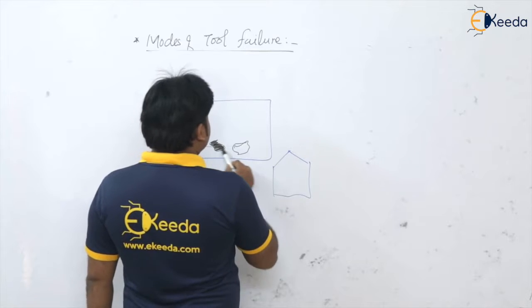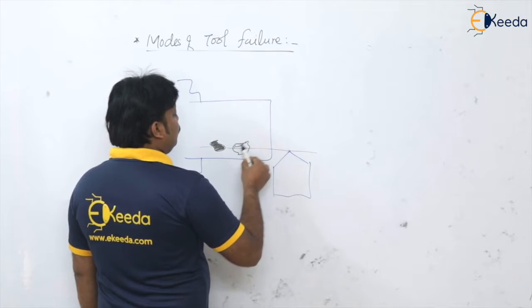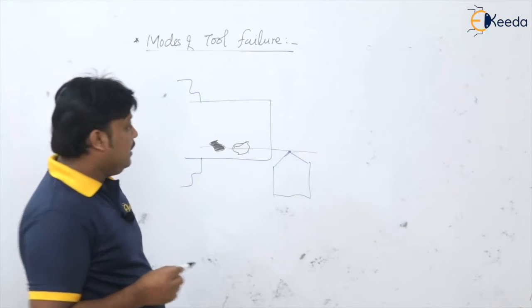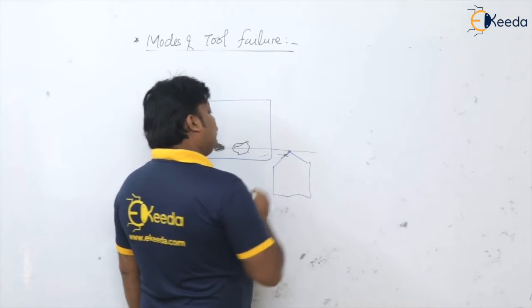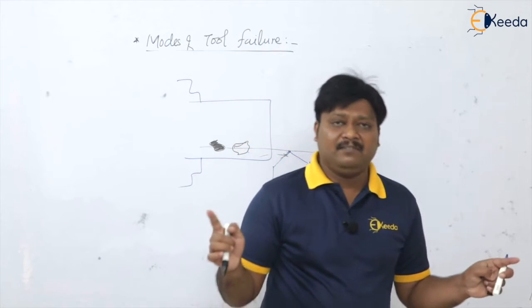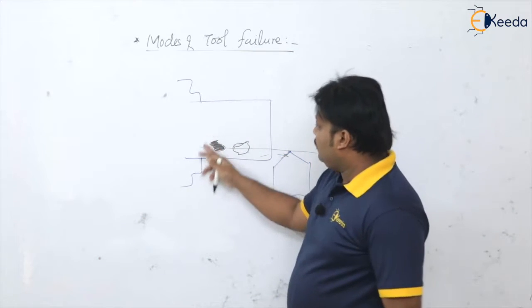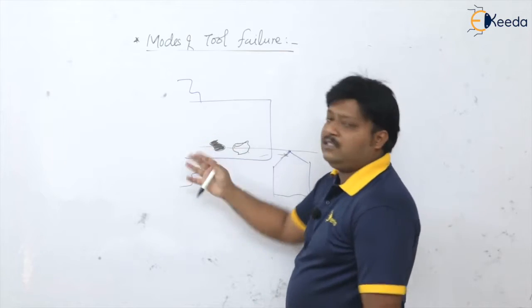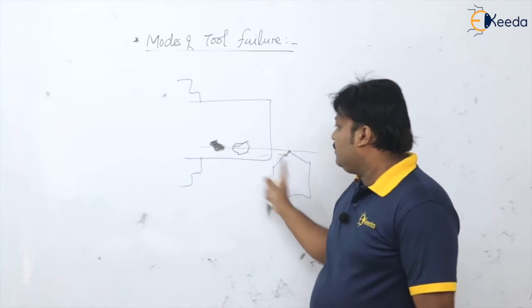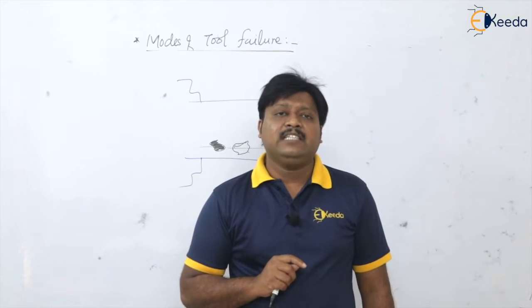When the tool starts its operation and the blowhole or the sand inclusion comes in front of the tip of the tool, sudden impact loads are going to act on the tip of the tool, and the tip of the tool breaks away or gets broken. So because of any blowhole or any hard inclusion present inside the workpiece material, the tool fails and breaks up.